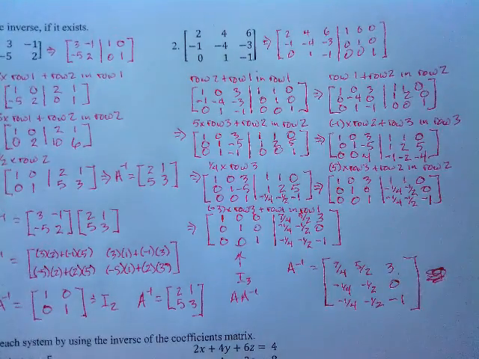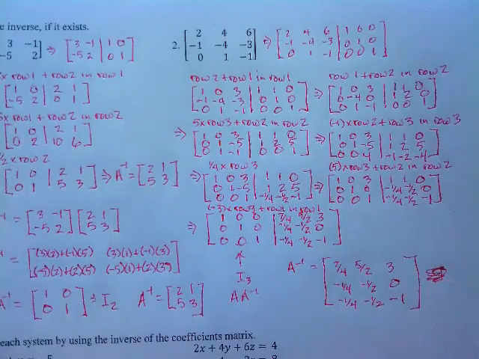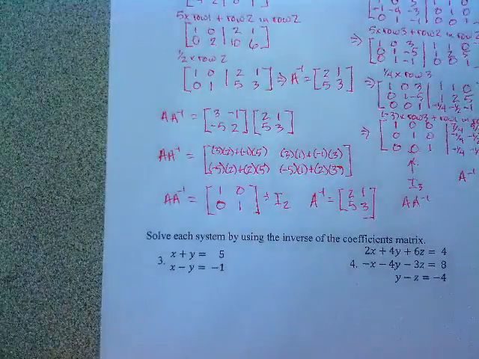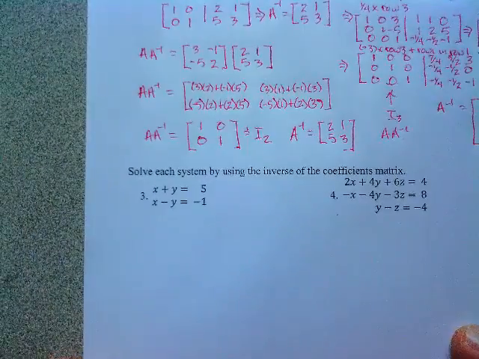Alright, so let's look at a couple of examples in which we're going to solve some problems. First a 2 by 2, 2 equations, 2 unknowns, and then a 3 by 3, 3 equations and 3 unknowns. So first, let's look at this case here.